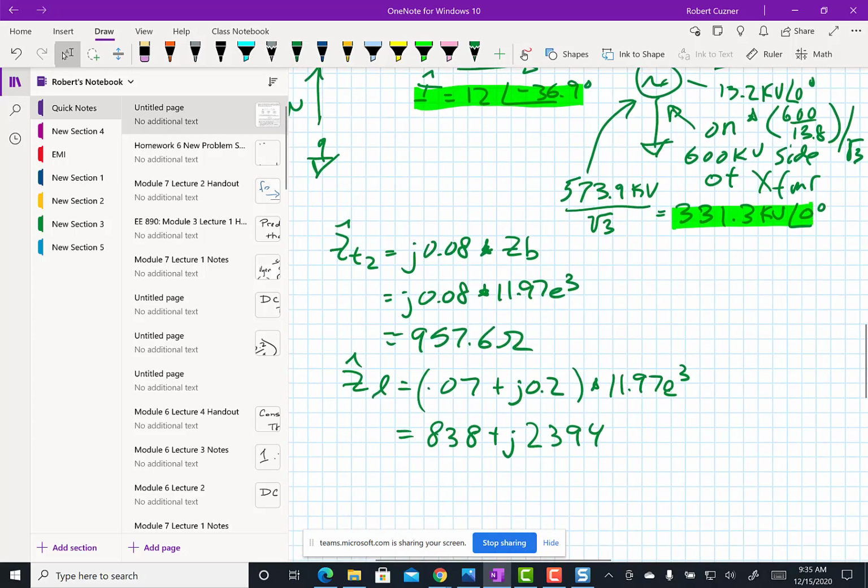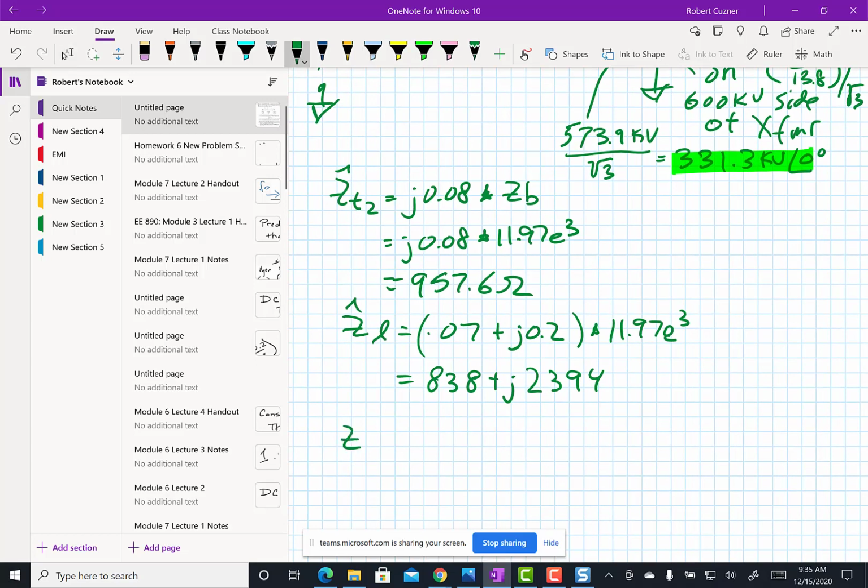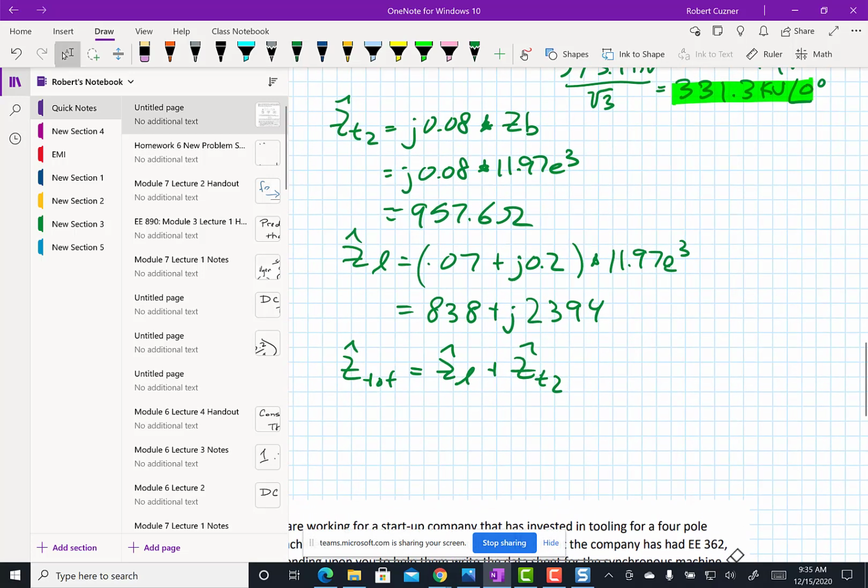And so the Z total that I'm concerned about is going to be the sum of these. It's ZL plus ZT2. And this is a j, so the j's are going to add.